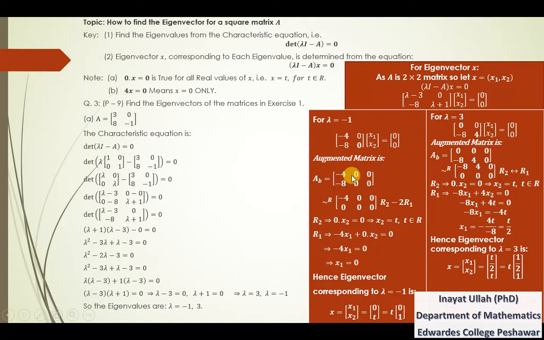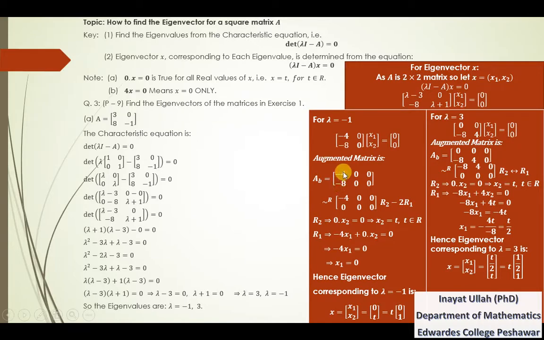We need to convert this matrix into an upper triangular matrix. What does it mean? It means that below this diagonal, minus 4, 0, we need to make this element 0. So how could we make this element 0?